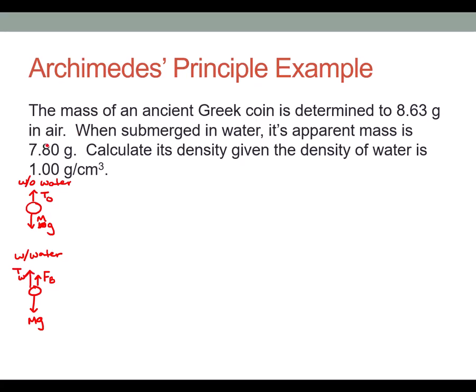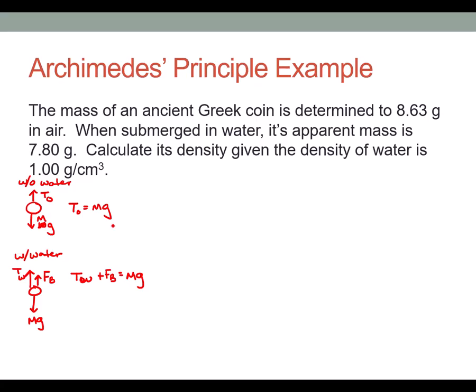If we come up to this one, assuming that it's not accelerating, we can use Newton's second law to tell us that TO will just equal the object's weight, our coin's weight. And we can come down here and again apply Newton's law that TW plus the buoyant force has to equal the object's weight.